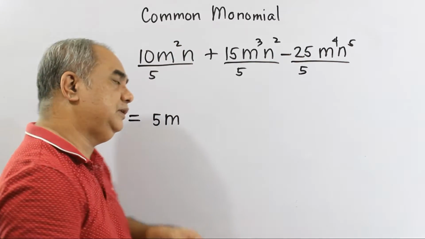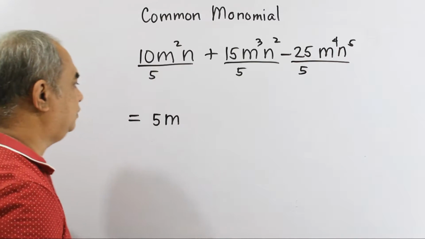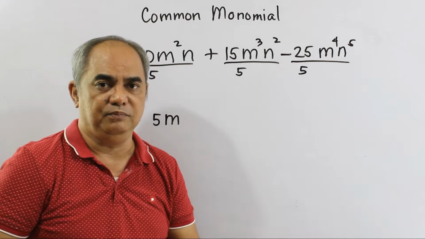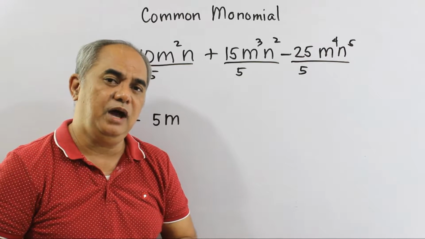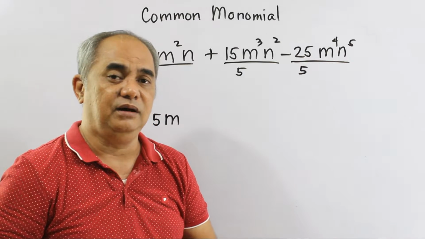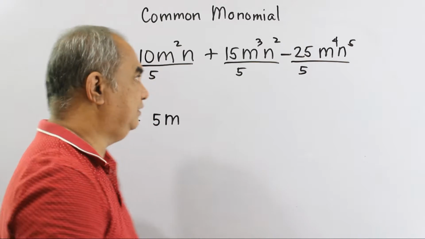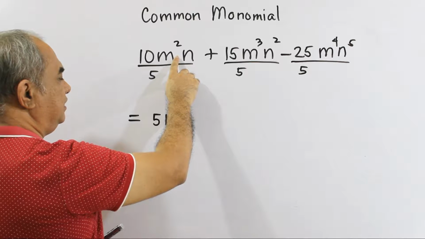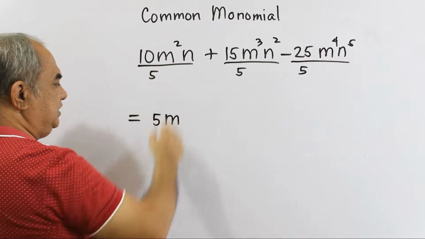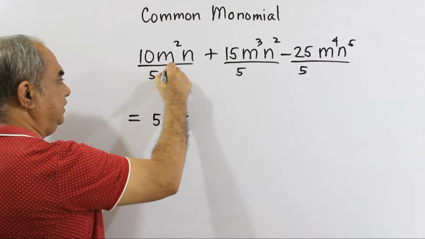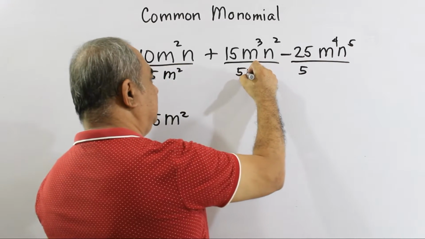So what are we going to use as a common monomial for variable m? Here's the key. You have to choose the variable with the least exponent. For this example, the smallest exponent for the variable m is 2. So you consider m squared, and you write m squared for each term.